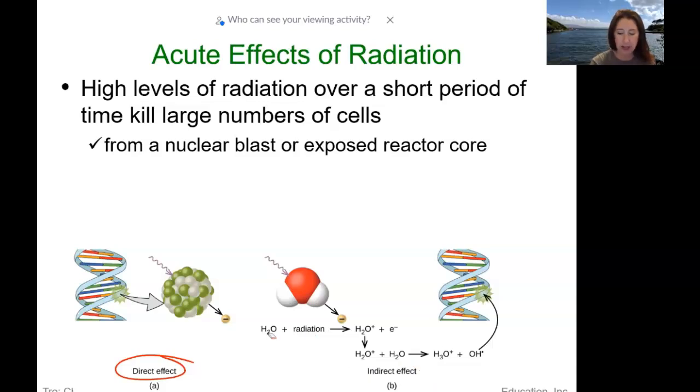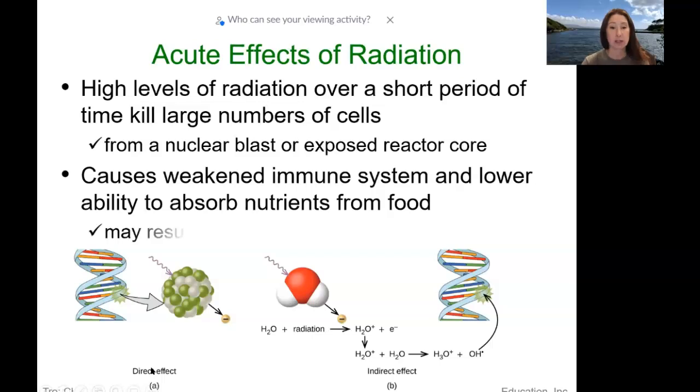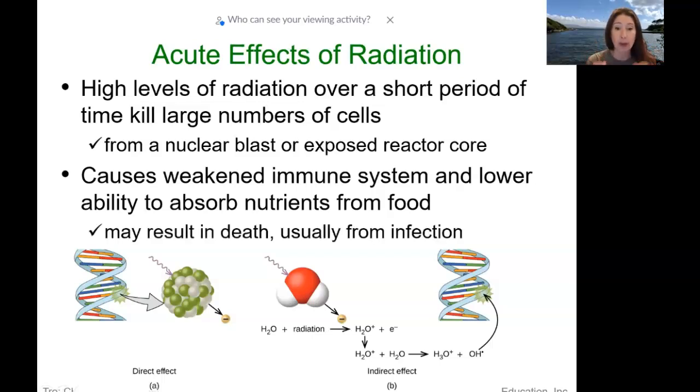But basically what the radiation does is it affects the DNA, and then the DNA all of a sudden starts reproducing in an abnormal way, causing cancer cells and other cells. We're going to talk not just about cancer, but other effects of radiation too. There are acute effects and chronic effects. Acute means right away. Chronic means over a long period of time.